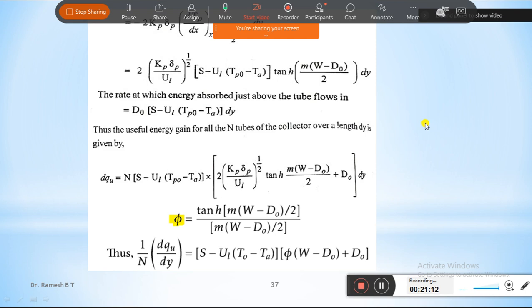So now it is go for n number of tubes, maybe 10 tubes, 20 tubes, 30 tubes, or 100 tubes we can use.